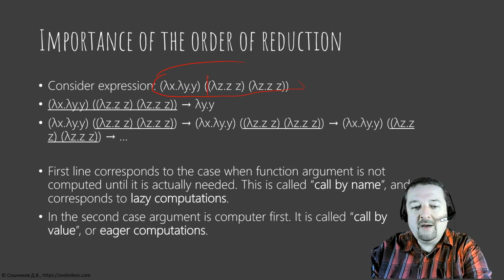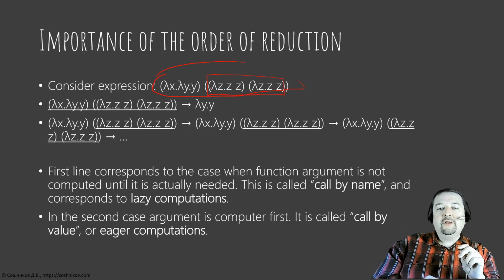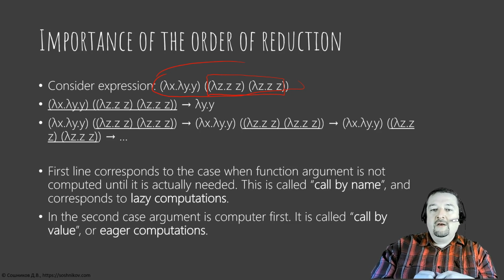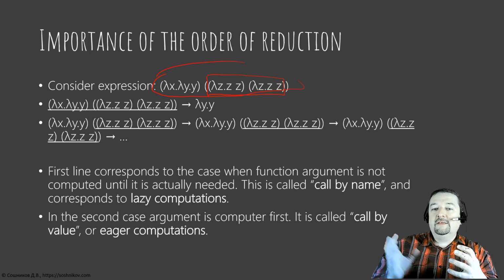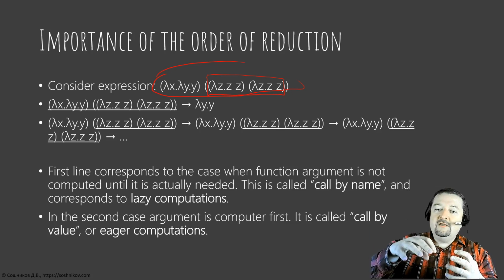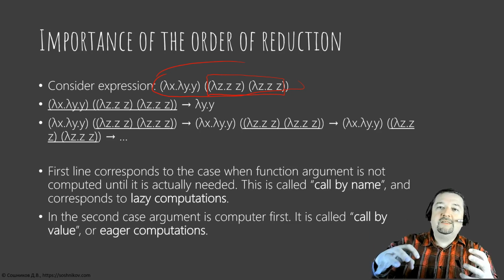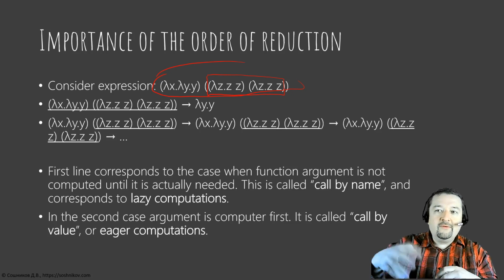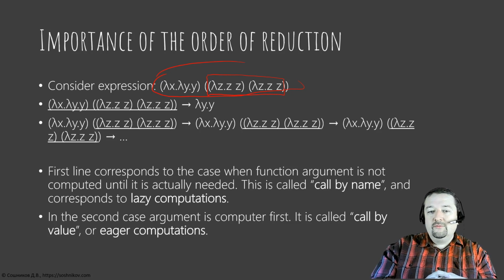The expression lambda z, z z, is very notable and interesting, because if you reduce it, it reduces to itself. Indeed, if we take the second expression and put it instead of z in the first expression, we end up with exactly the same expression, right? What it means is that this is an infinitely reducible expression. If we try to reduce it, we will end up in an endless loop.